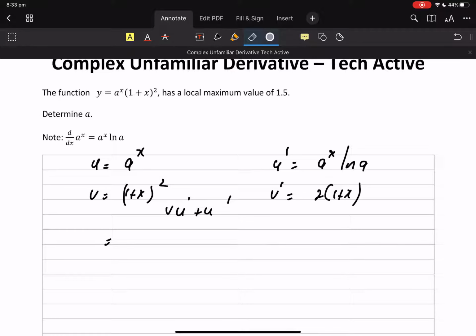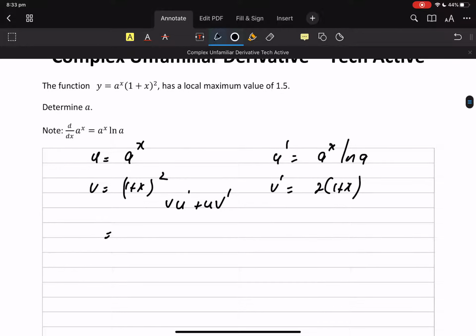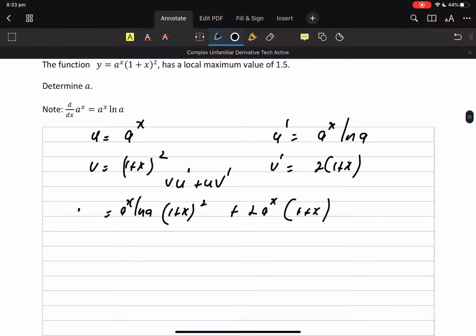V, u dash plus u v dash. So that's y dash. We're going to set the derivative equal to 0.